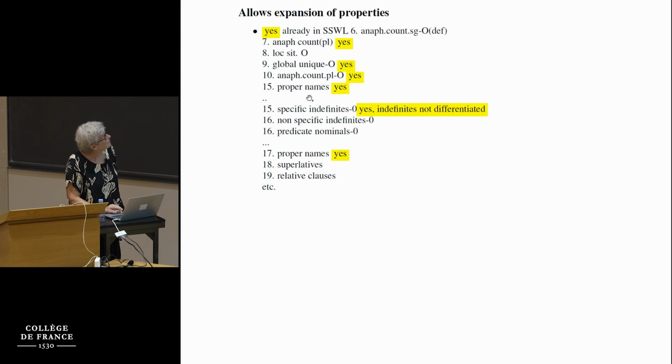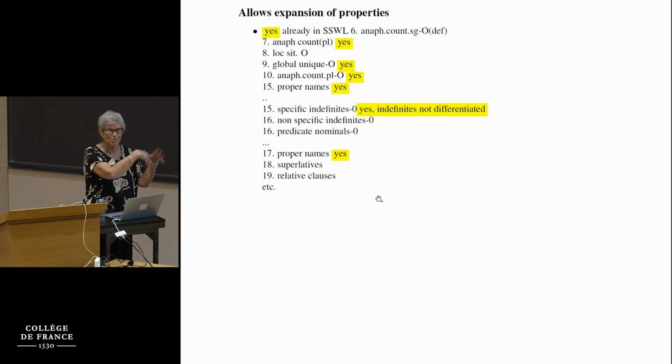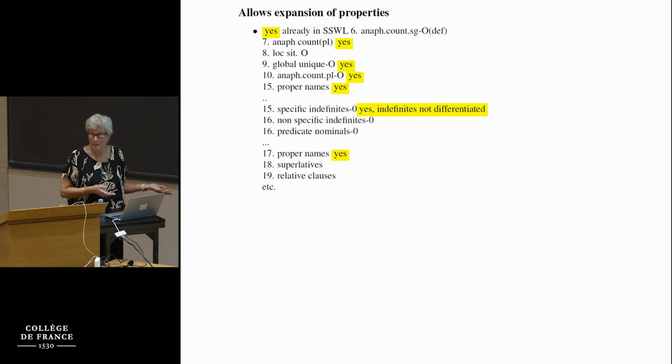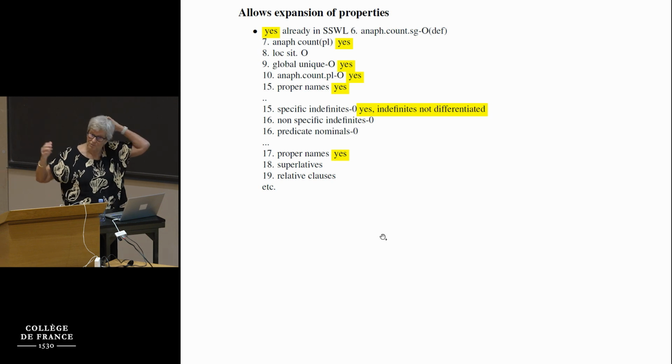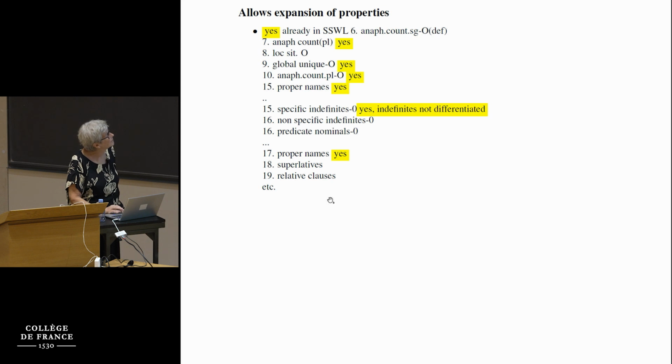Then the specific indefinites, we made no difference between different types of indefinites, but that's what we needed to do. We have proper names. Proper names have not played any role in what I told you. But of course, some languages like German mark proper names and other languages don't. And we want to see what that correlates to, you know, how that kind of goes into the structure of the noun phrase and the structure of the clause.